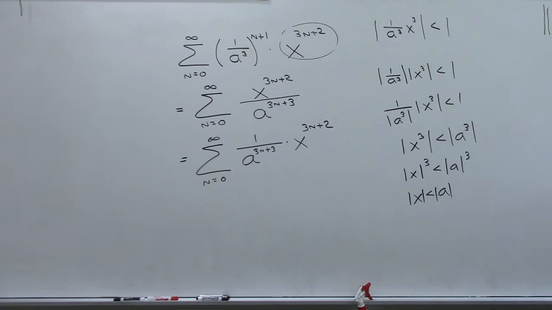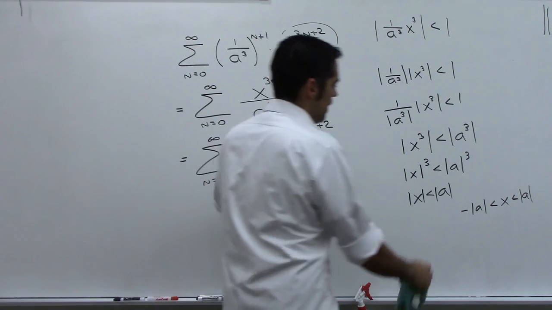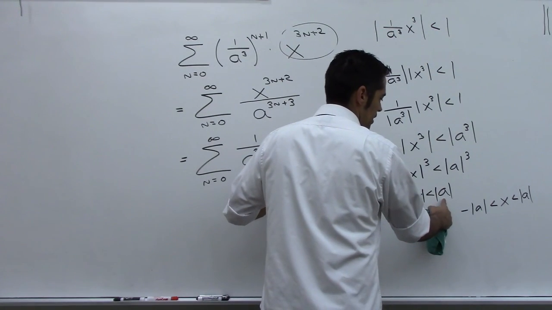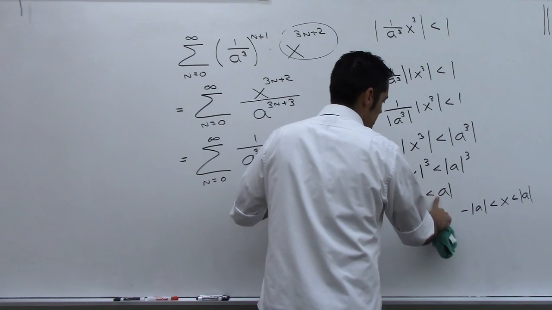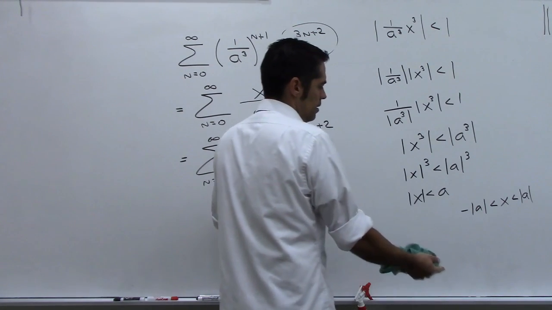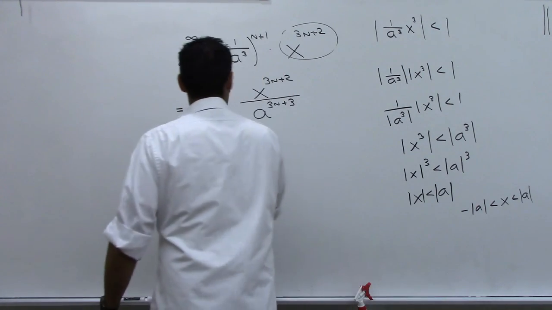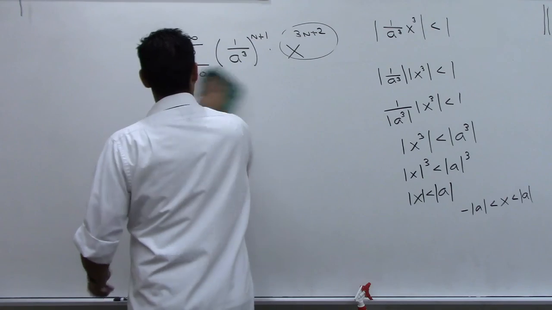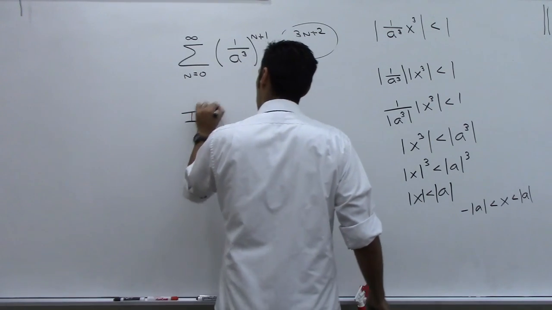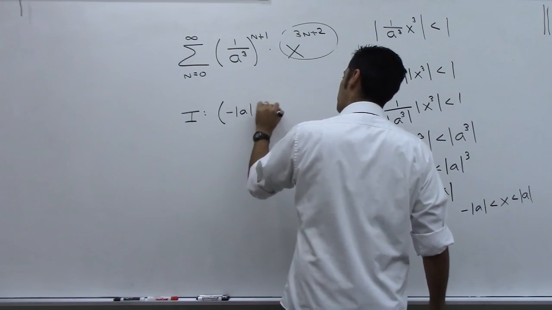So this is going to look kind of weird: negative absolute value of a less than x less than absolute value of a. So that's our interval of convergence. I hope you see that if a is a negative number, I can't have it written the other way, because then that wouldn't make any sense. So my interval of convergence is negative absolute value of a, comma, absolute value of a.